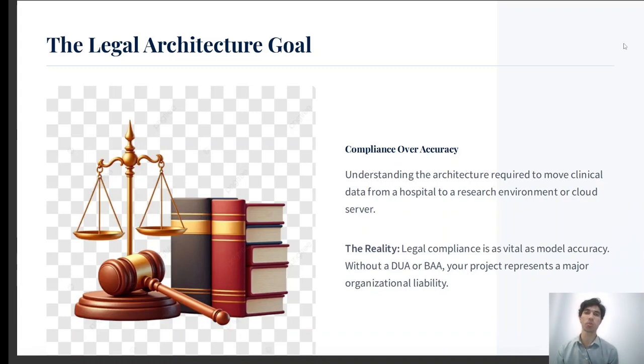We discussed model accuracy. We know that in clinical data science, our model needs to be accurate, interpretable, and it has to have explainability. But without proper data usage agreements or business associate agreements, this project will represent a major organizational liability, because compliance is as important as accuracy.